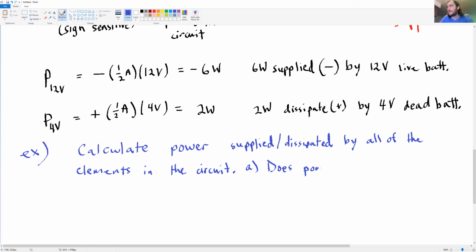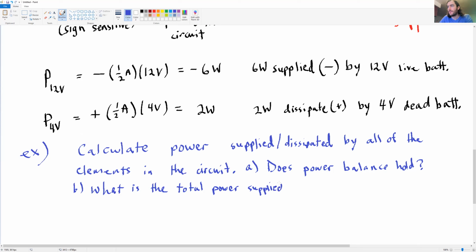Does power balance hold? For part A, does the power balance hold? For part B, what is the total power supplied by the live battery? So that includes the internal resistance of the live battery.